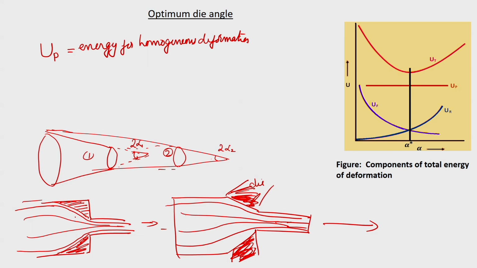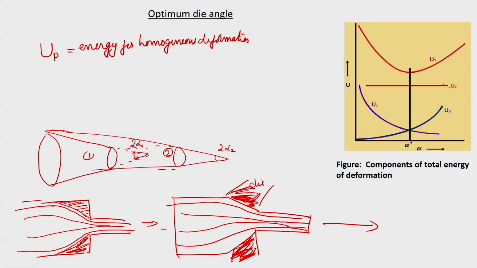So, with the increase in the die angle, if you plot the energy required versus alpha, your energy for plastic deformation remains constant.